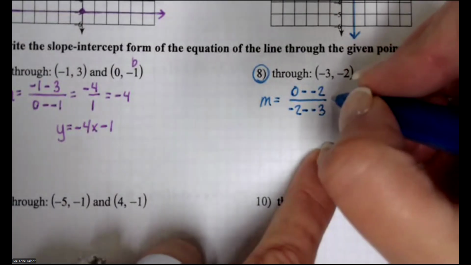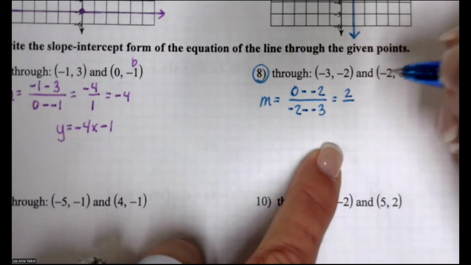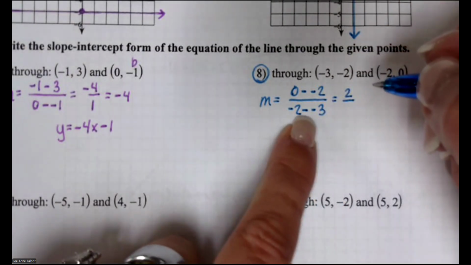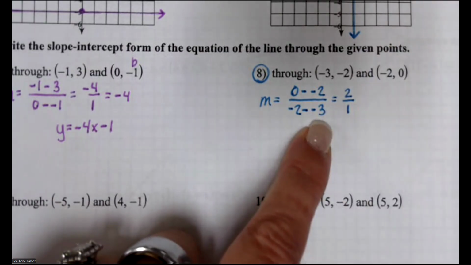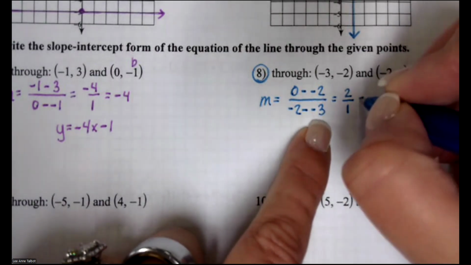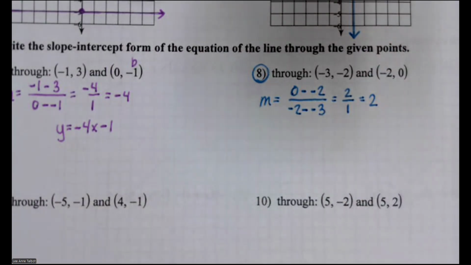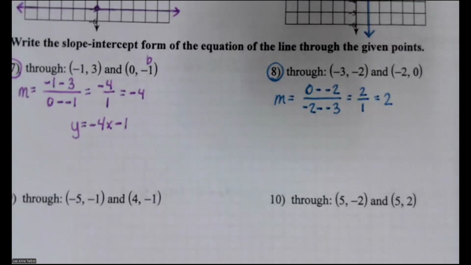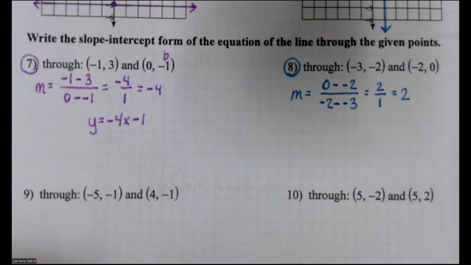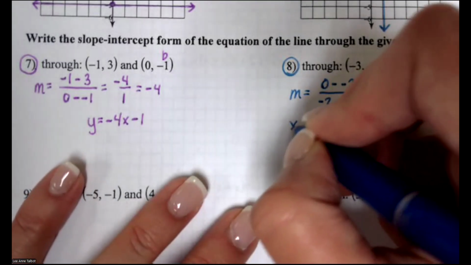So 0 minus -2 is +2. -2 plus 3 is 1. And this problem is sad because they did not give us the y-intercept, so we actually have to do work. Which point do you like better? -2, 0? Okay.